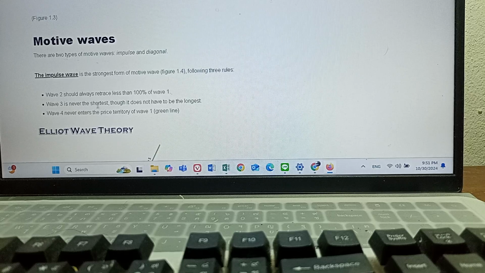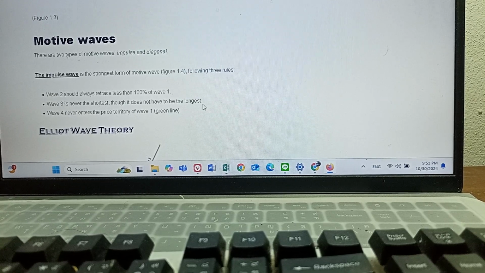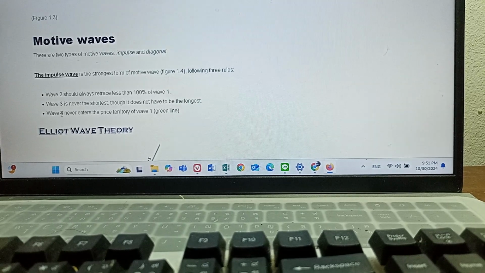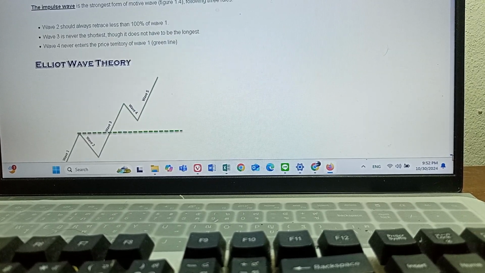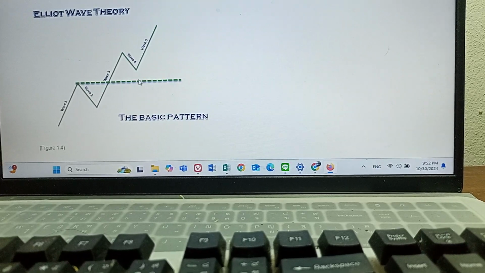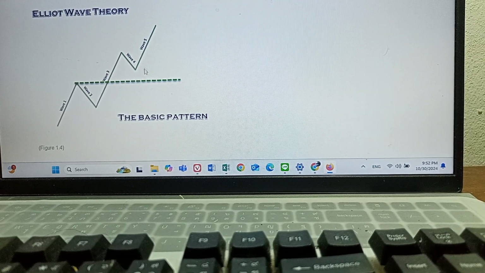Wave 3 is never the shortest, though it does not have to be the longest. Wave 4 never enters the price territory of Wave 1.